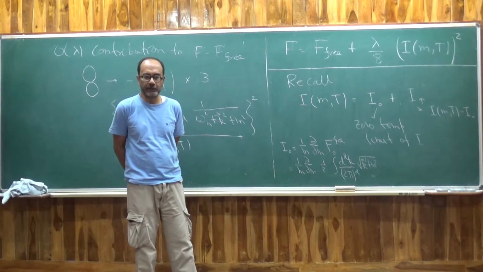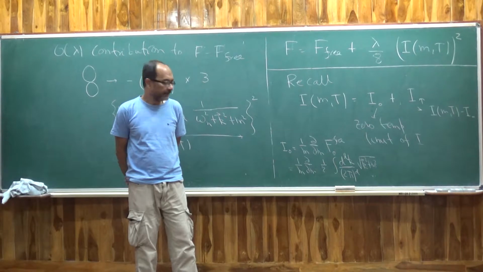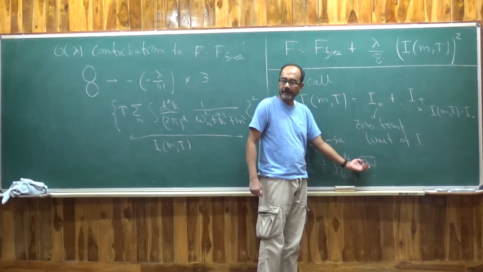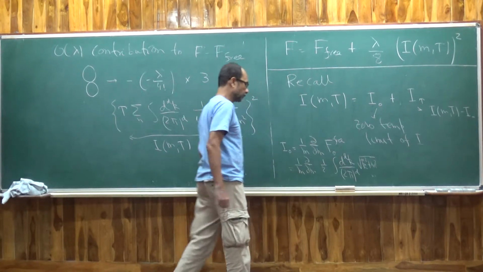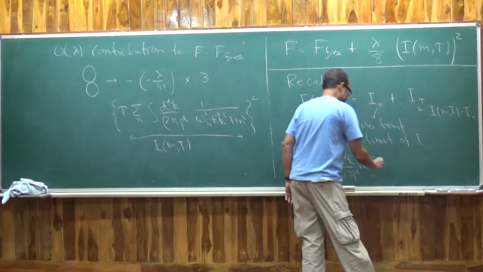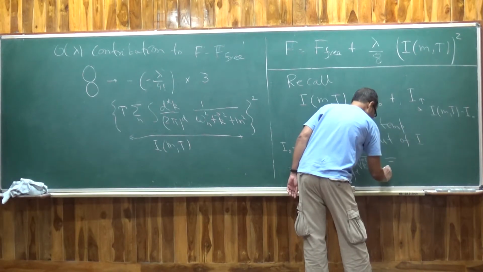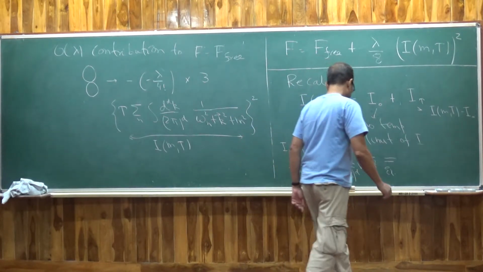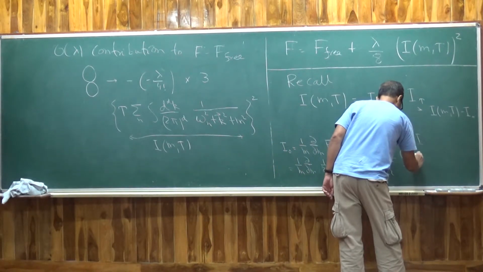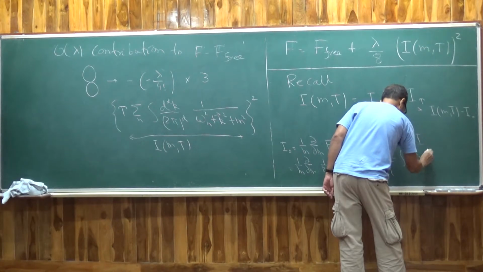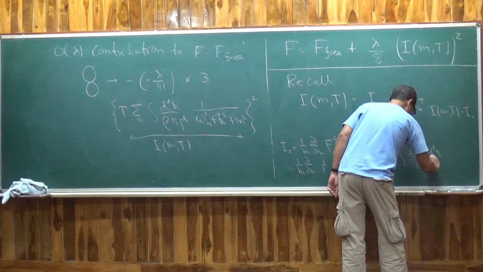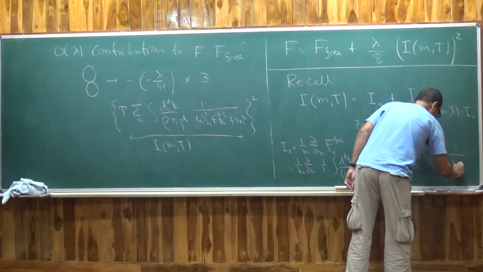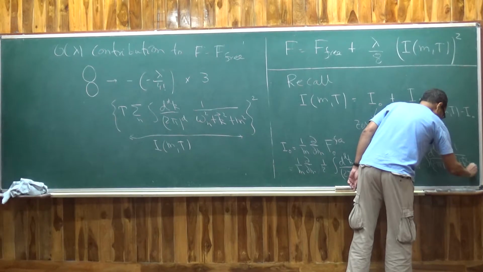Because you had seen that the zero temperature free energy is just half integral d^dk over 2 pi to the d times E_k, where E_k is square root of k squared plus m squared. And I'll leave it as a simple exercise to check. Of course it has to be the case that this is given by integral dk0 by 2 pi, integral d^dk over 2 pi to the d, 1 over k0 squared plus k squared plus m squared.